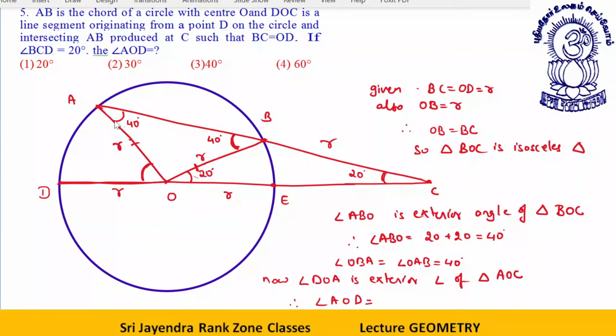This angle is the exterior angle of this triangle. So this will be equal to 40 degree plus 20 degree, 60 degree. This is your answer. Angle AOD is equal to 60 degree. All clear to everyone? You can have a look over it before I proceed ahead.